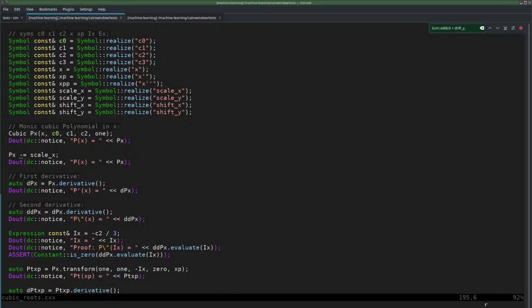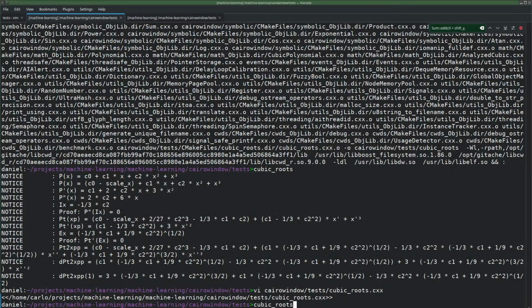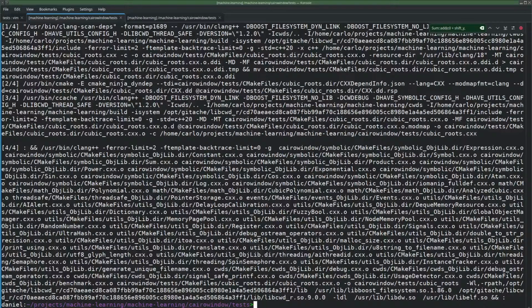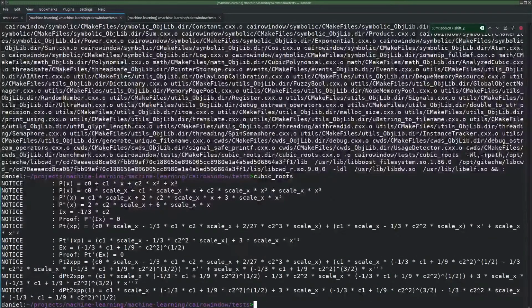And then we can try the multiplication. So yep, this is multiplied by scale x, and this one's multiplied by scale x, and that one, and that one. And then, yeah, division.